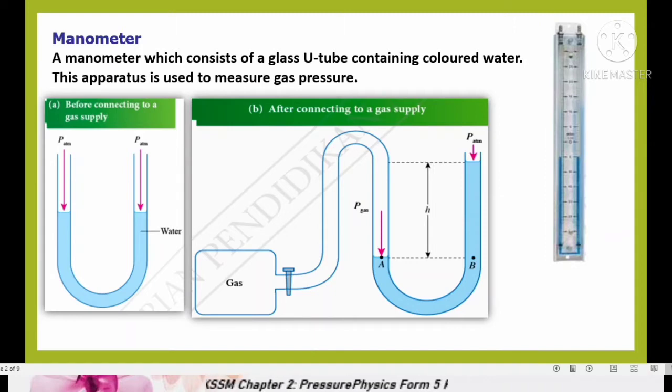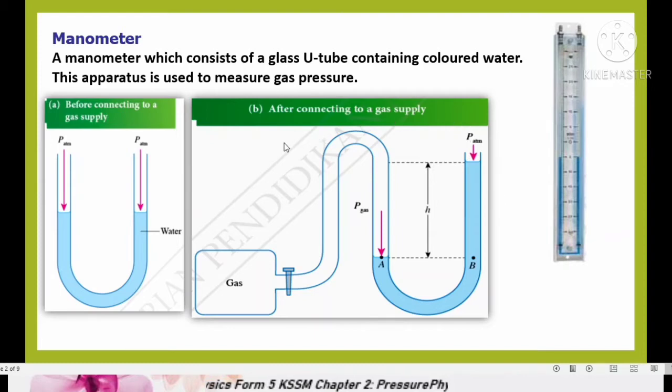So you can see the level of water in both arms are equal. Why? The levels become equal because both levels experience the same value of atmospheric pressure.